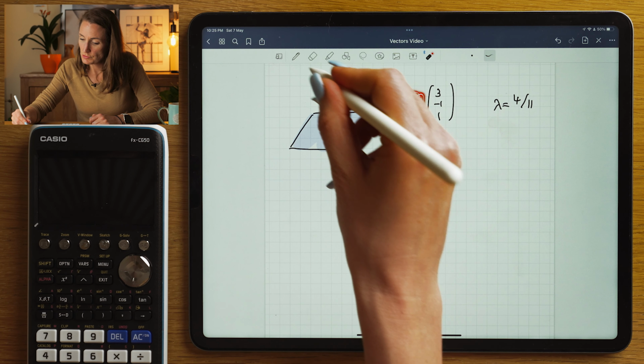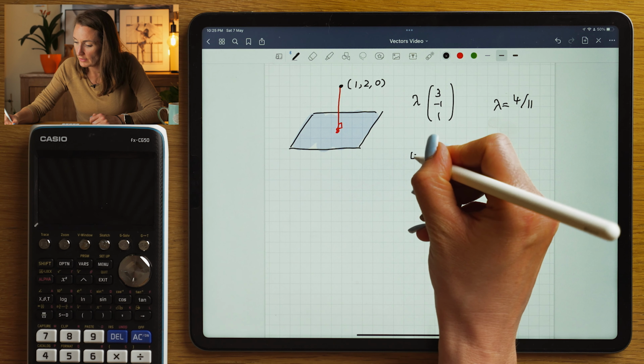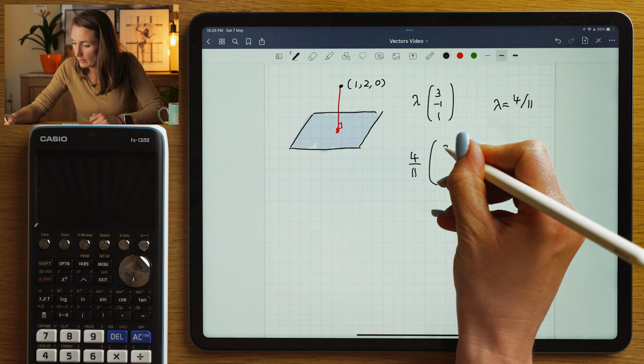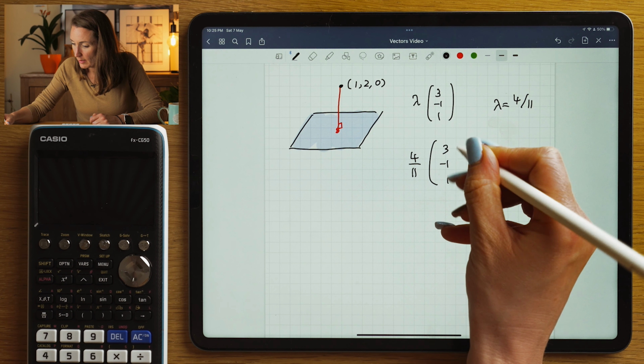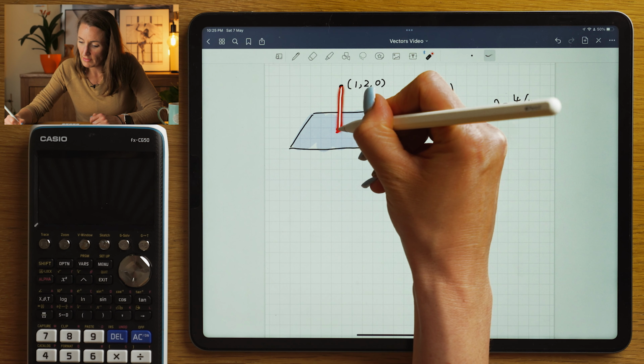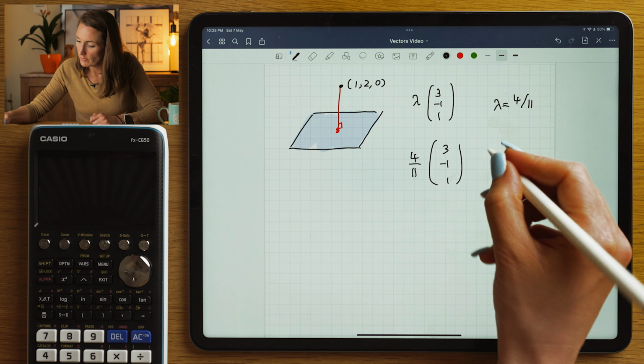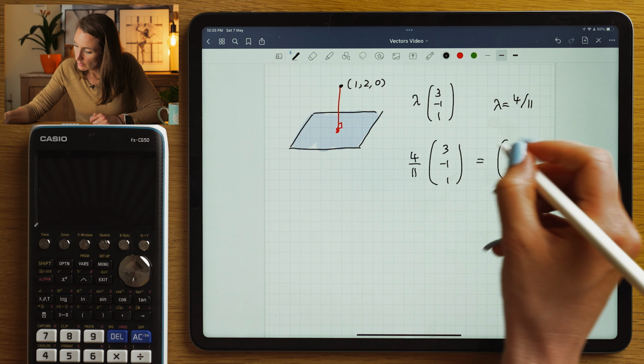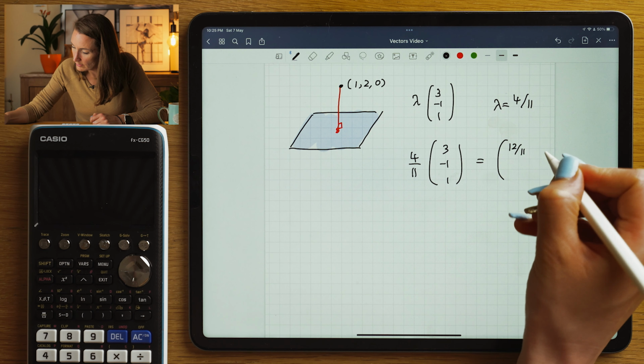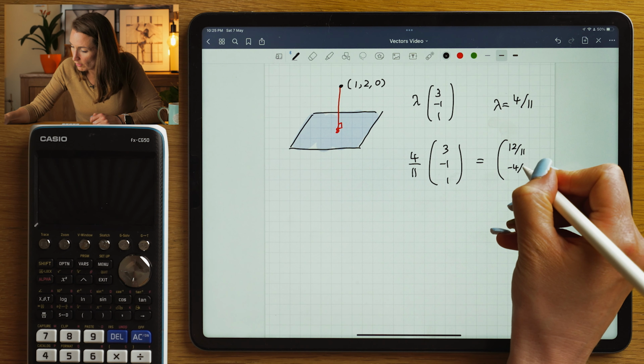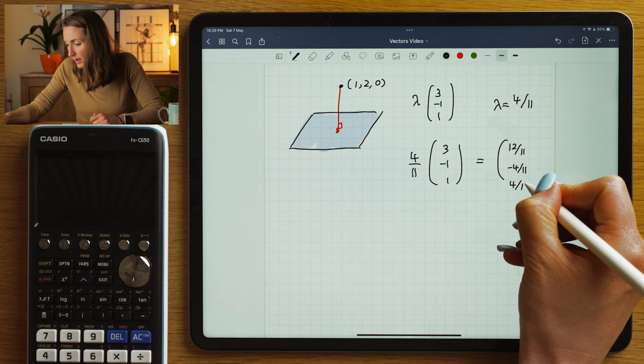That is to straight away sub in 4 over 11 here, and then just simply measure the length of that vector there. So that's going to give me (12/11, -4/11, 4/11).